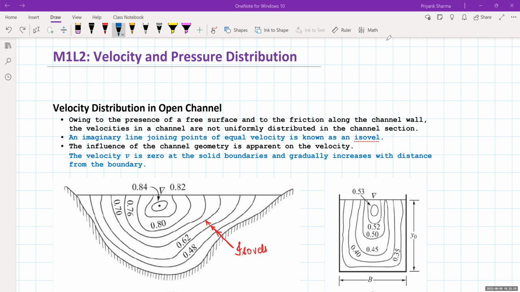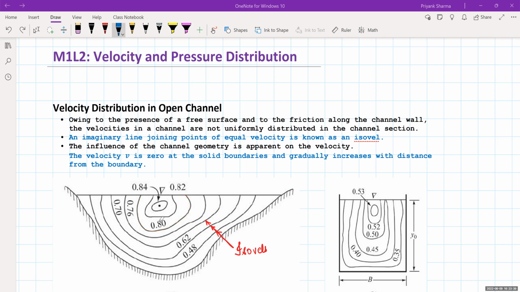You can see that there are two channel sections being presented. On the left there is a non-prismatic section, and on the right a prismatic channel section. You can see some contours plotted here. What are these contours?